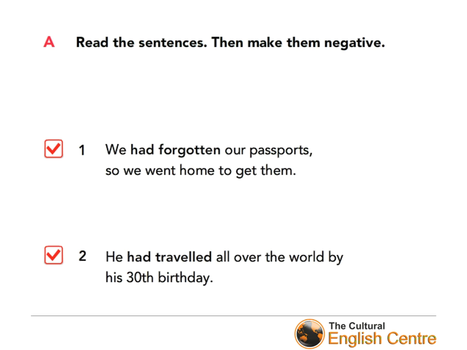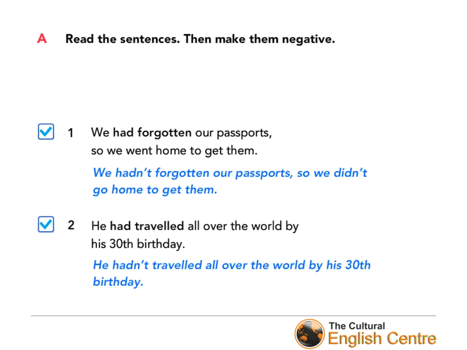We had traveled all over the world by his 30th birthday. And I'm sure you know that we create negatives by adding not to the verb had. For example, we hadn't forgotten our passports, so we didn't go home to get them. He hadn't traveled all over the world by his 30th birthday.